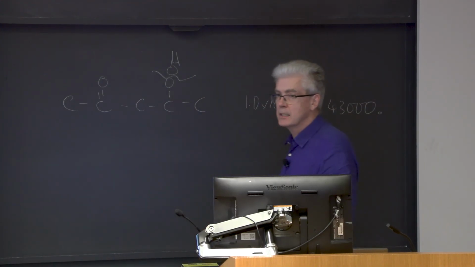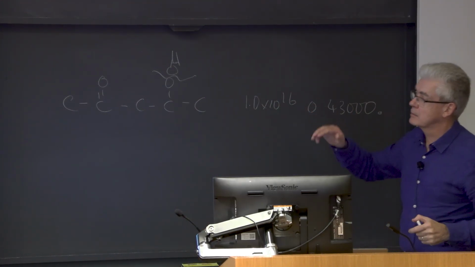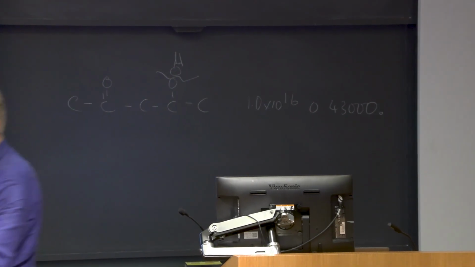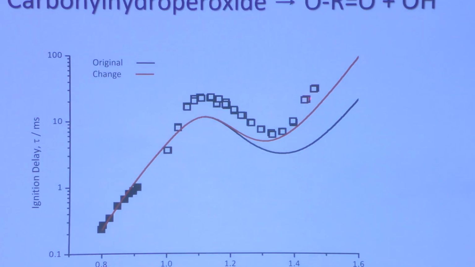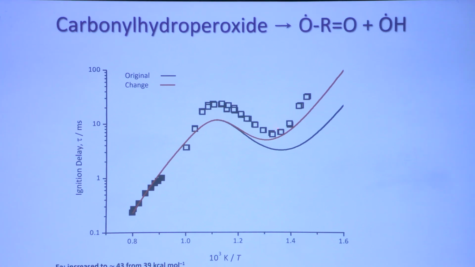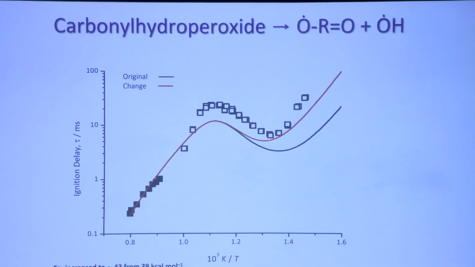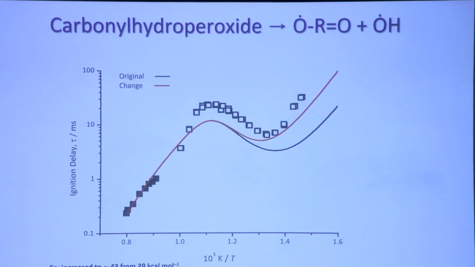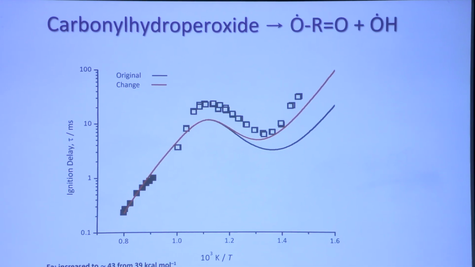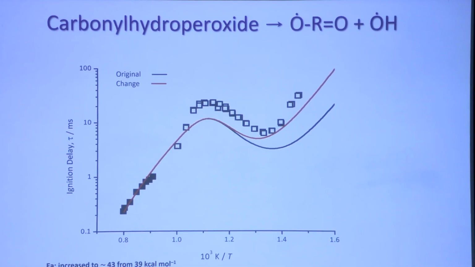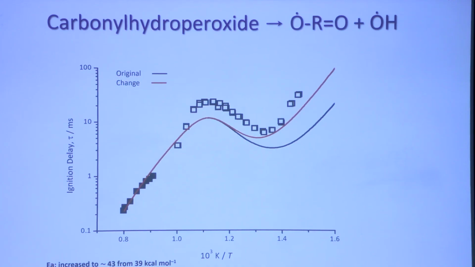But actually, to get good agreement with the experimental results at the low temperature range up to this point here for all fuels, what we had done was lower the activation energy for this OO bond cleavage. We changed it from 43 kilocalories per mole down to 39. Okay, so that was 4 kilocalories per mole too low, right?